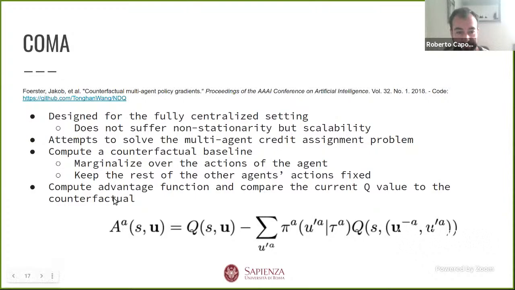So what we want to do is basically compare the current Q value to this marginalized counterfactual baseline.